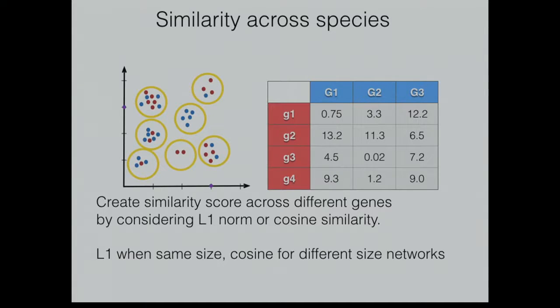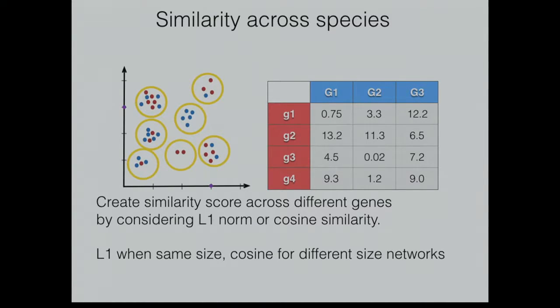And what we did is we either do L1 norm if the networks are about the same size. So if we're comparing the same network to a different network under stress, we might do something like L1 norm. If you're going to take the yeast network or the mouse network and compare it to humans, you would do something like a cosine similarity. Am I at least going in the right direction in this multi-dimensional space? So think cosine similarity for any time I'm using species that are very, very far apart.